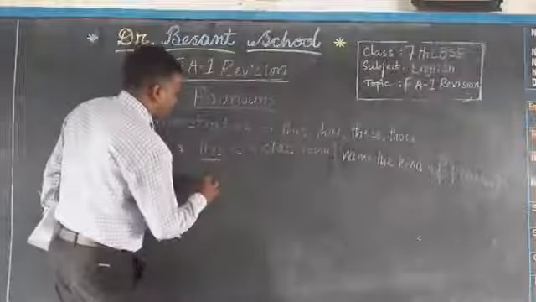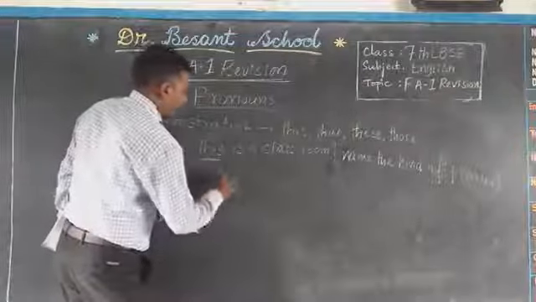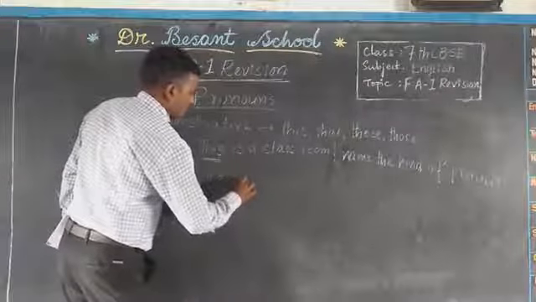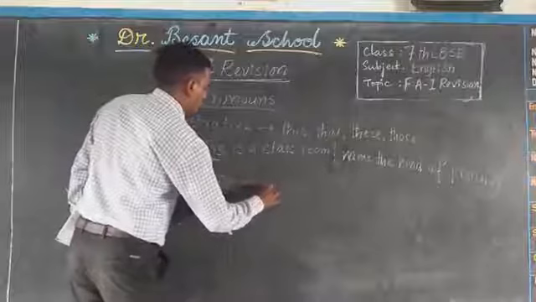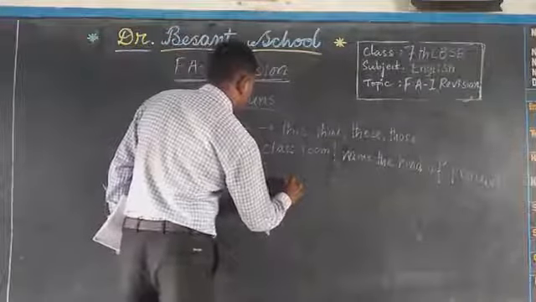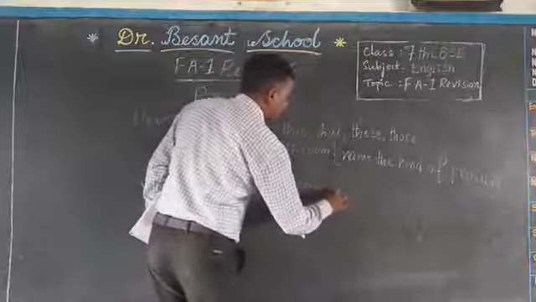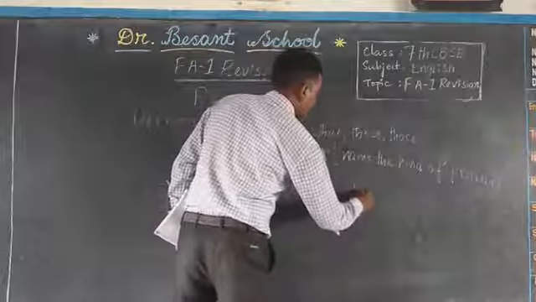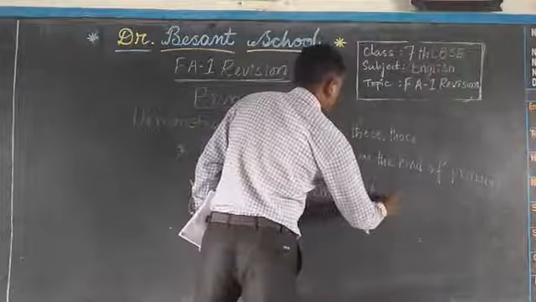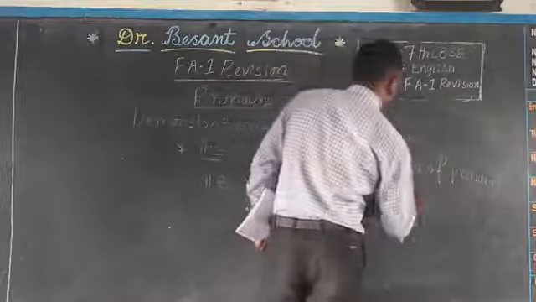So here option A, reciprocal. Option B, demonstrative. Option C, relative.